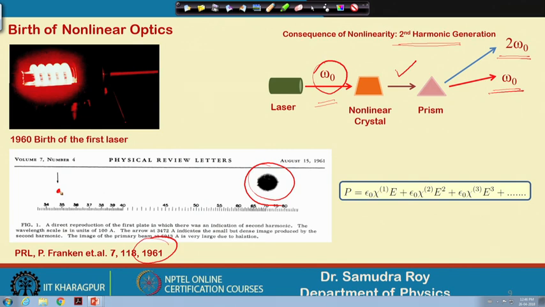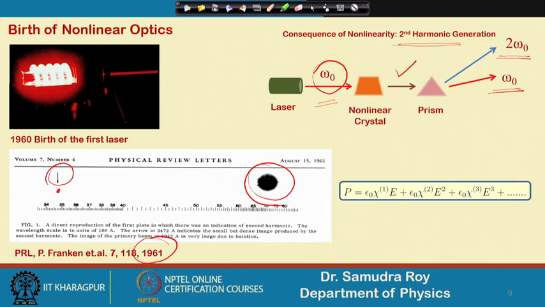But unfortunately, in this paper the editor by mistake missed this dot, and this dot was not there, but you can still see this line, where they mention that here we should have some kind of dot, which gives you the idea that the second harmonic was generated in this experiment. They experimentally verified the generation of second harmonic. This is a very historic experiment, so that is why I thought I should show you this experiment.